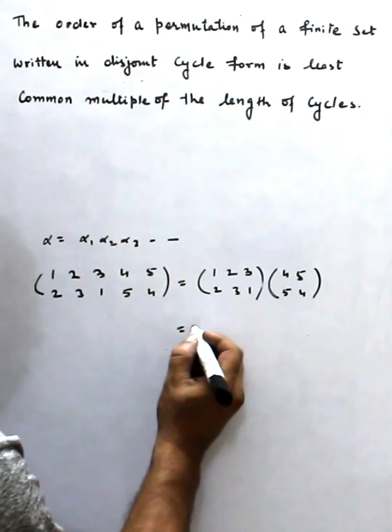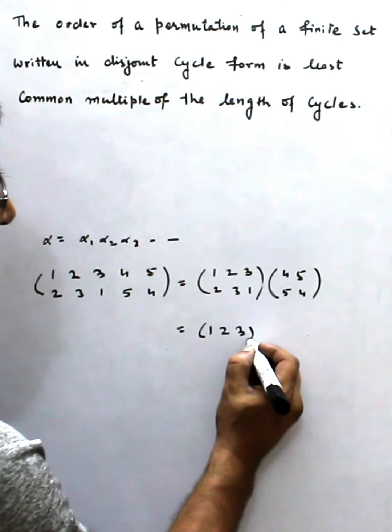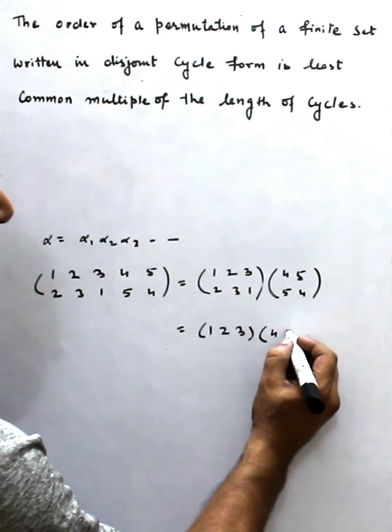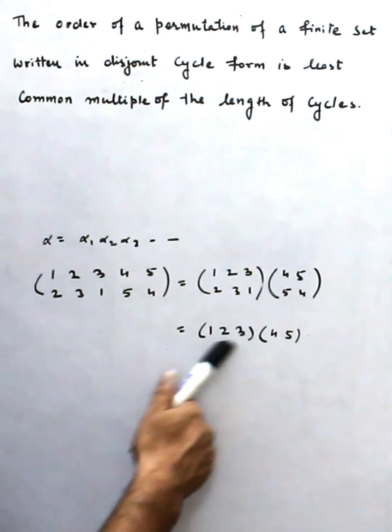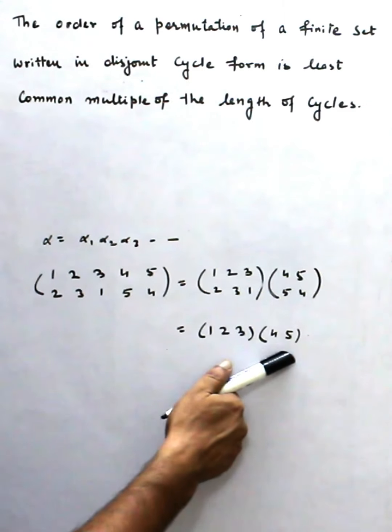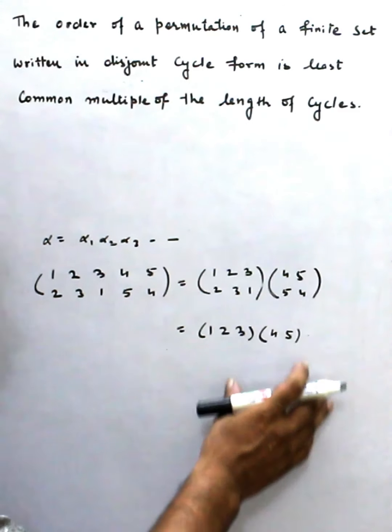This is another cycle. In terms of cycles, we write 1 goes to 2, 2 goes to 3, and 3 comes back to 1. Similarly, this is 4, 5. That means this is a permutation in 2 cycles. But if it is longer, then there can be more cycles.